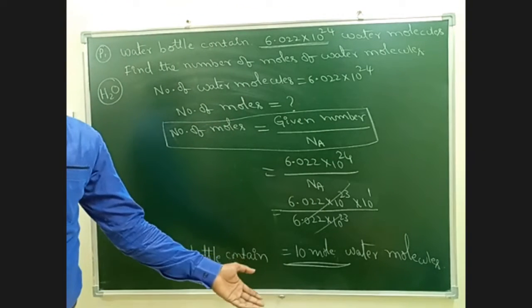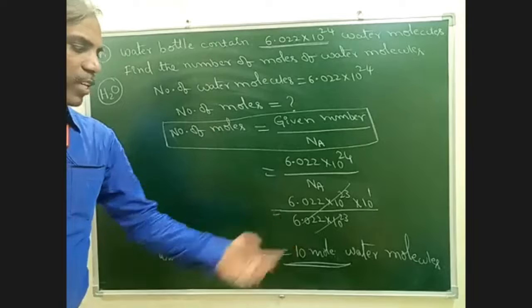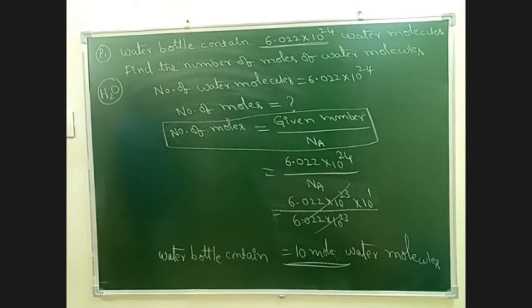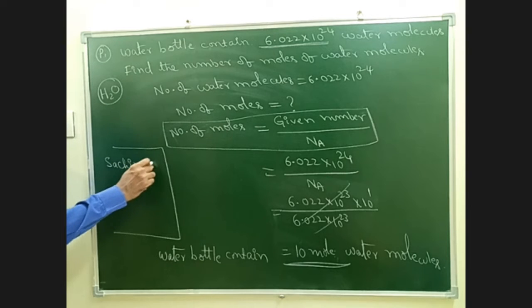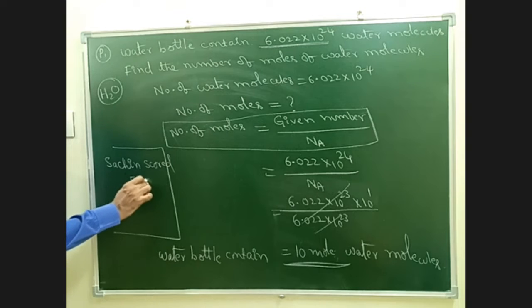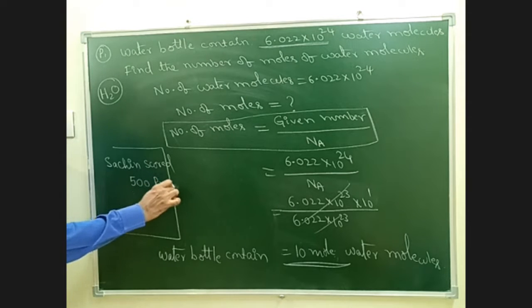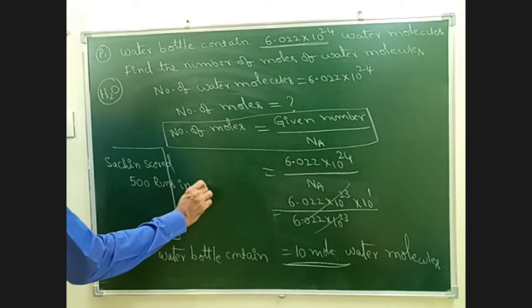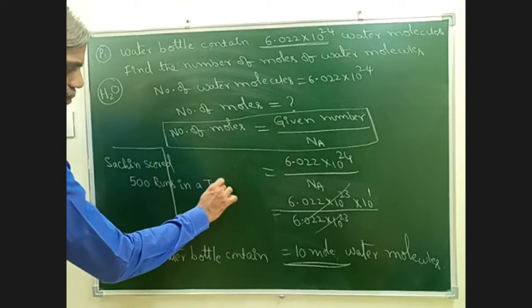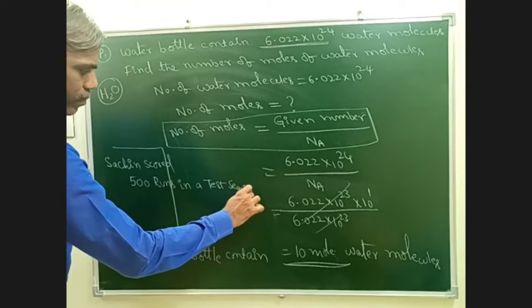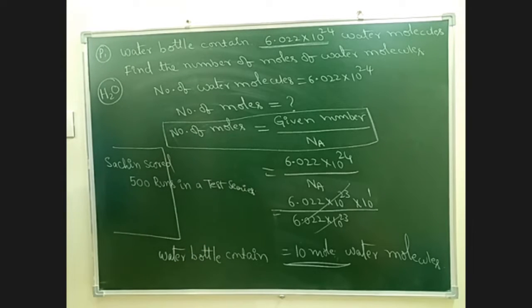In terms of mole, what we can say? 10 mole. It is just like Sachin scored 500 runs in a test series.